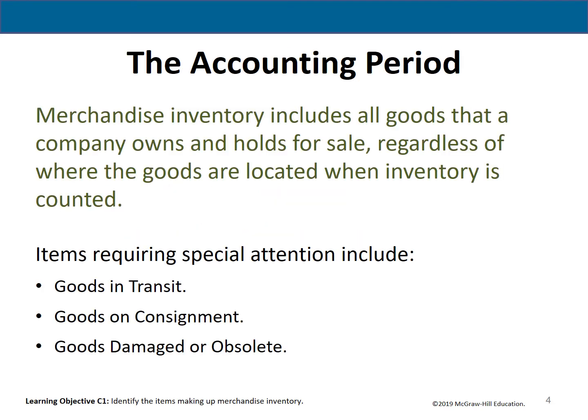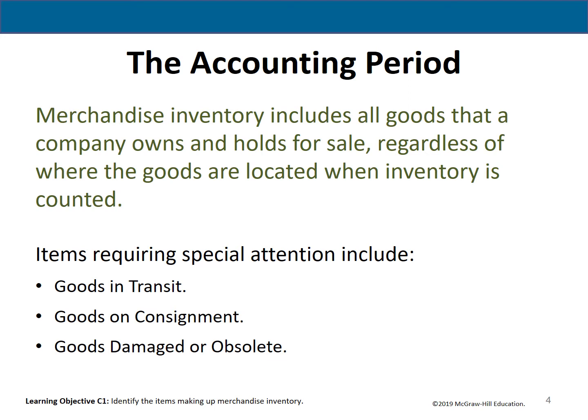Remember, merchandise inventory includes all goods that a company owns, and that's the key. They have to own them to be included in inventory, and they hold them for sale, regardless of where the inventory is located. So it doesn't matter where it's at. What matters is, does the company own it?